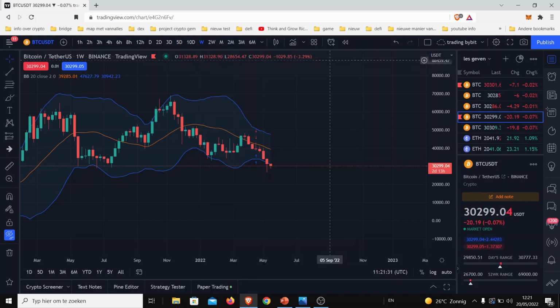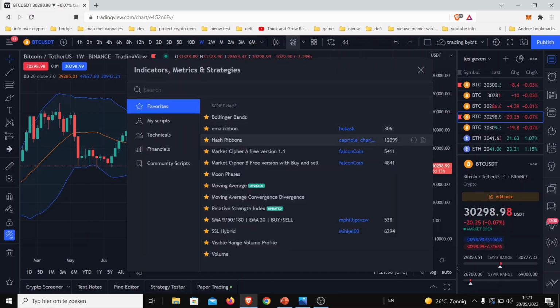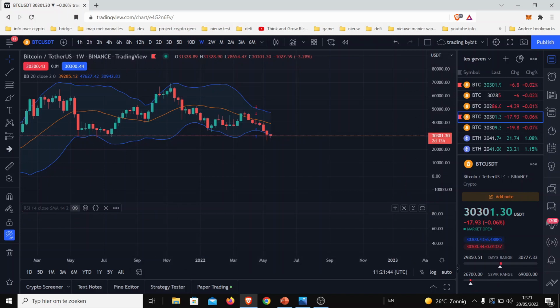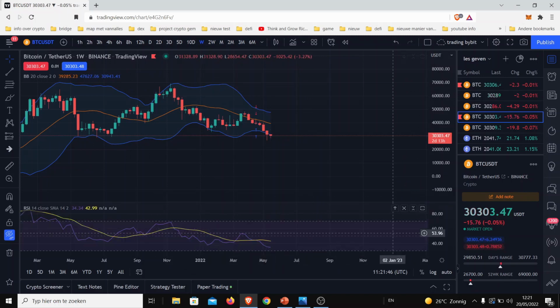Why do I use this? I use this with the indicator of the relative strength index. Sorry, let me put this one up for a second. Okay. So this is the relative strength index, and if you press the plus here, you can set an alarm, like you can see here.